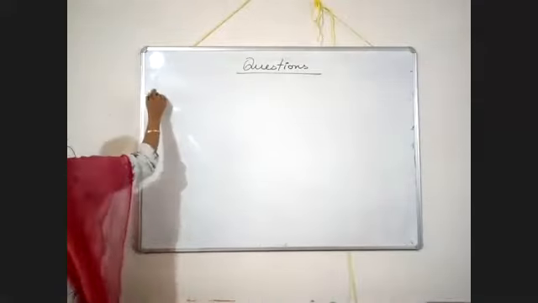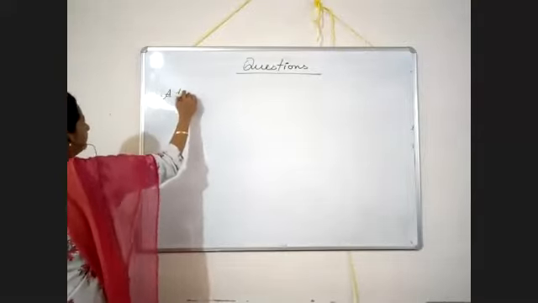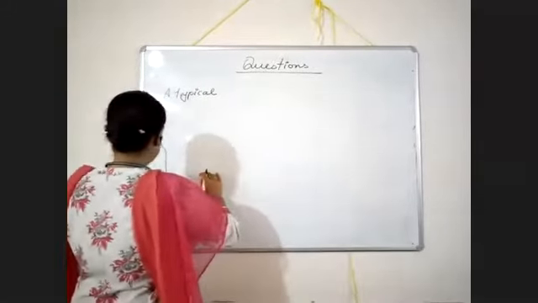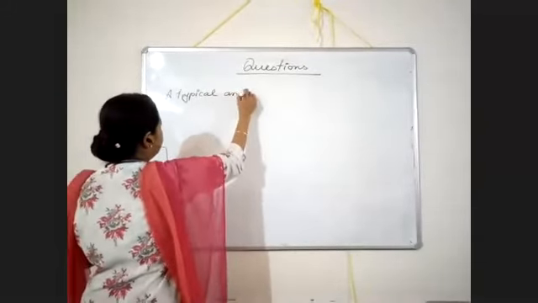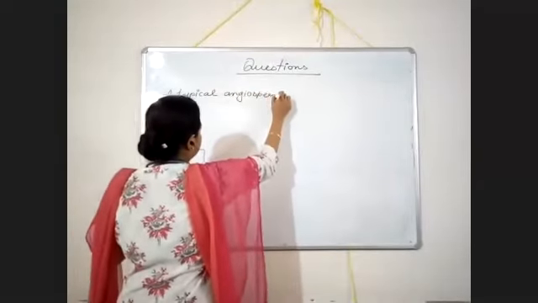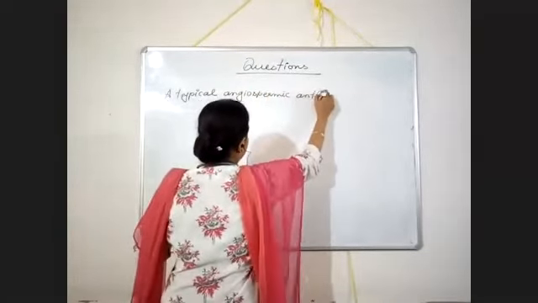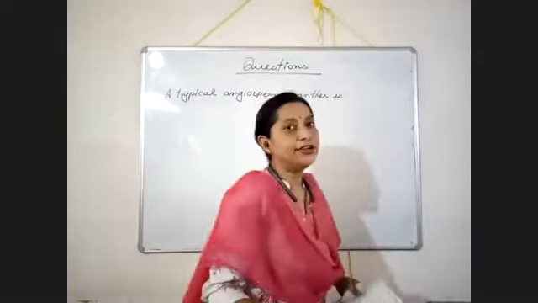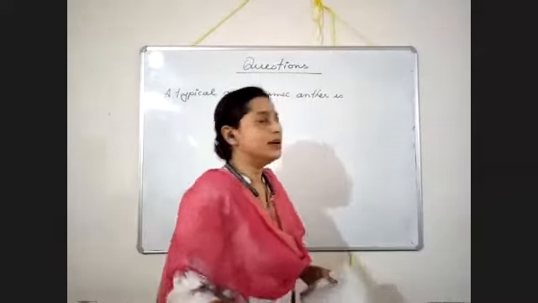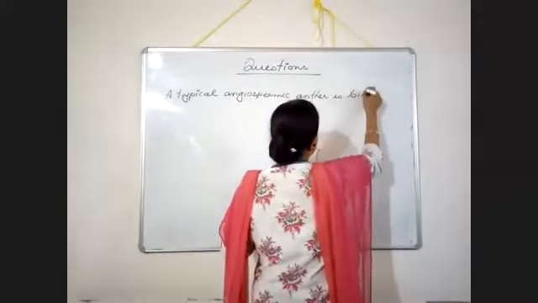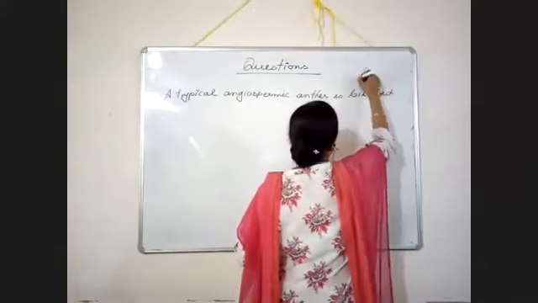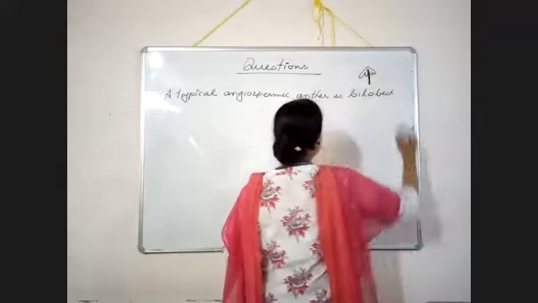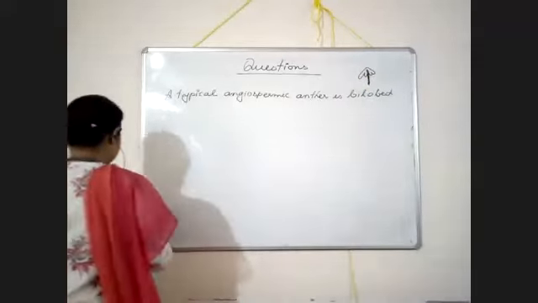Okay, the first question is: a typical angiosperm anther is bilobed, unilobed. It is always bilobed. If you remember, bilobed can look something like this.